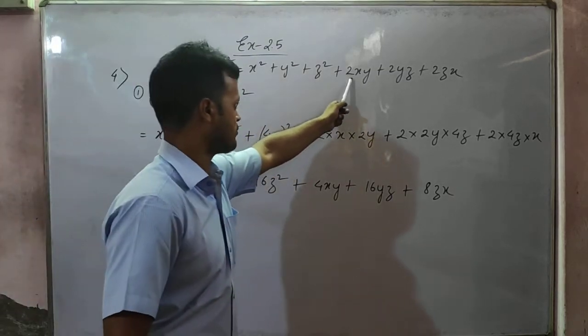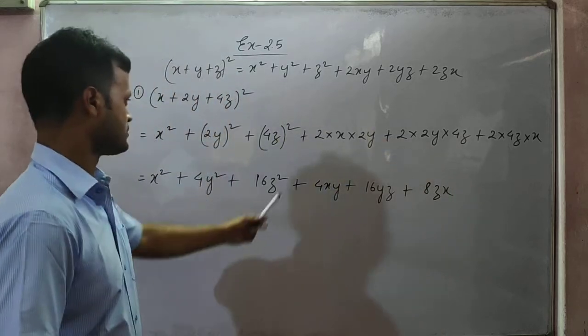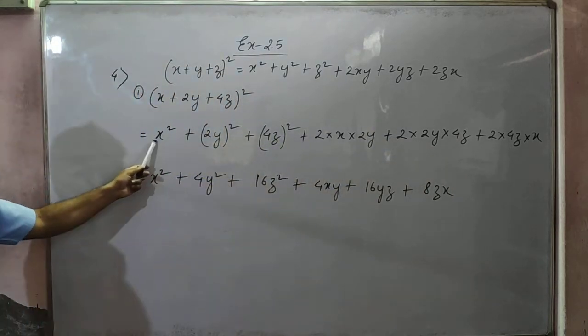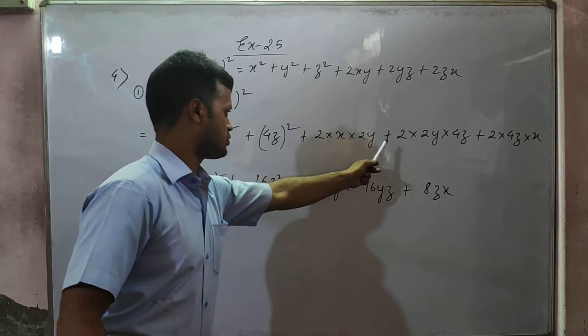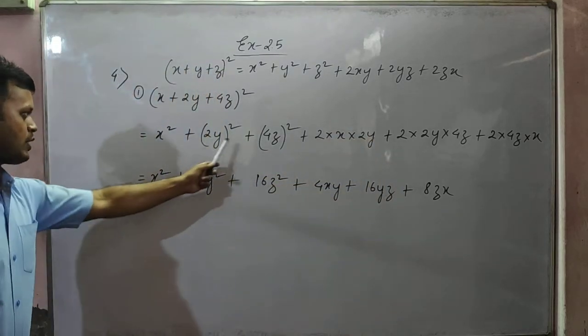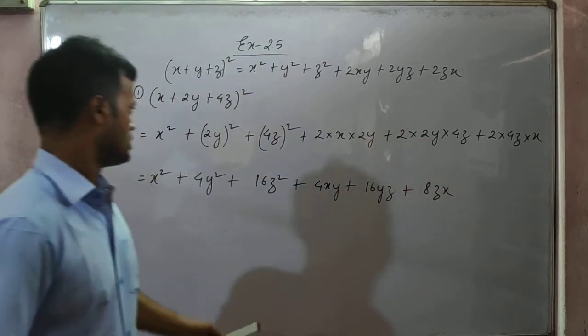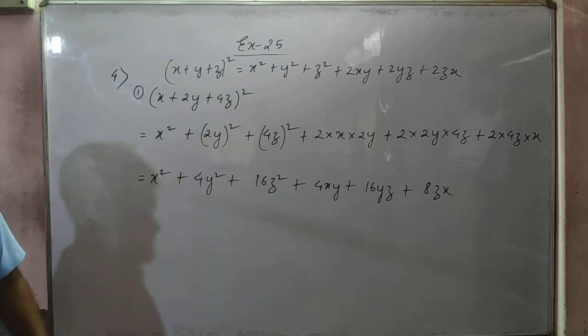After that, what is in the formula? We have 2xy, isn't it? So 2 into x into 2y, plus 2 into 2y into 4z, plus 2 into 4z into x.